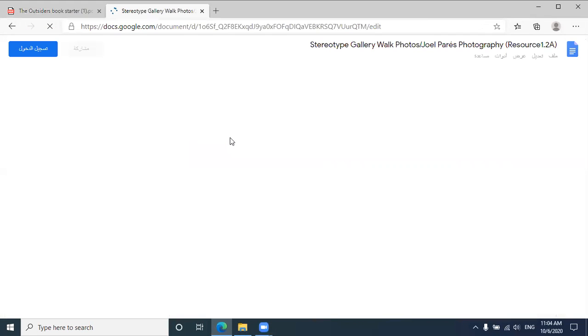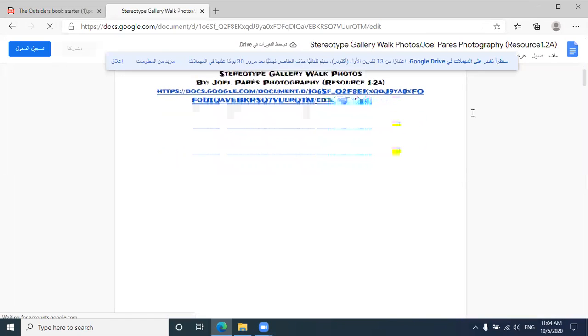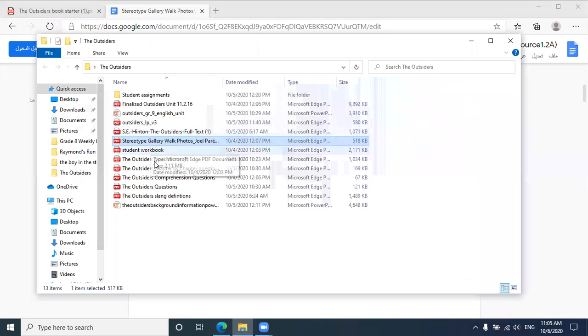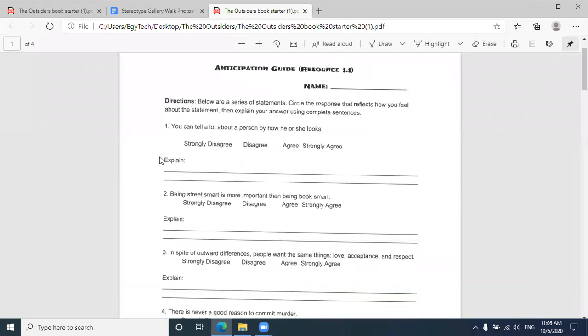If we look at these pictures, you were able to form an opinion about these people. The questions you were asked to answer were the following. First we look at the picture and then we ask, what is important to this person?